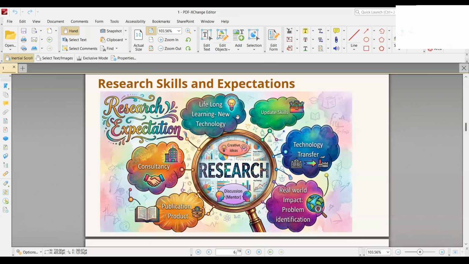Ultimately, our goal is to update our skills to adapt to new technologies and translate our effort into tangible outcomes like scholarly publications and functional products, transforming raw research into meaningful real world solutions while maintaining high ethical standards.